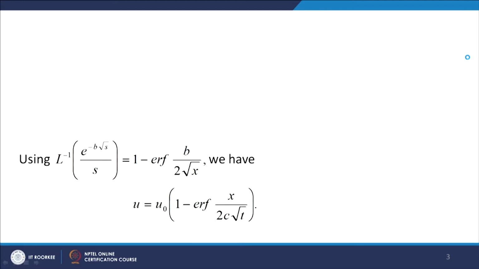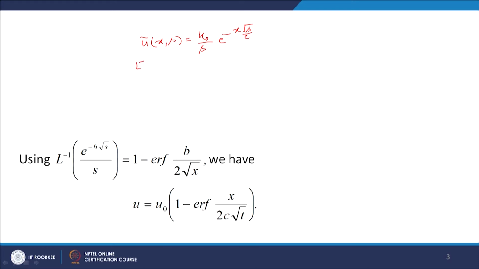So we get u bar x s equal to u naught by s into e to the power minus x root s divided by c. Now let us take the inverse Laplace transform of this.